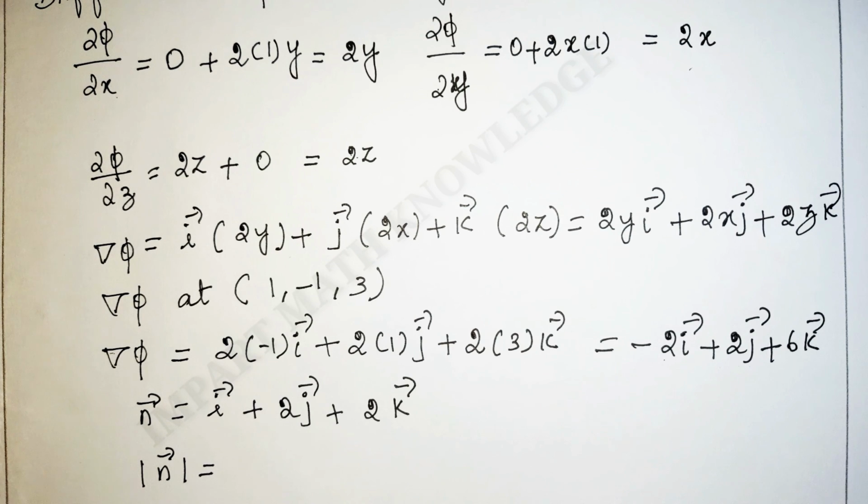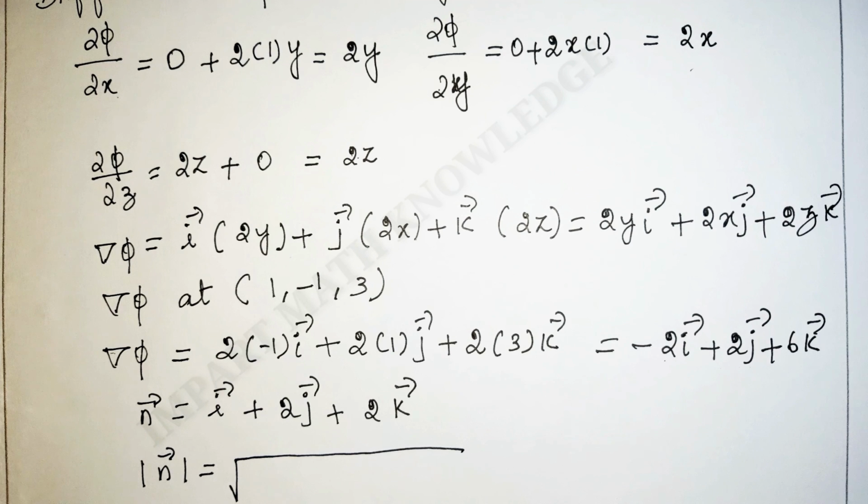Modulus of n vector is nothing but square root of sum of squares of coefficient of i, j, k. Here for i the coefficient is 1, for j the coefficient is 2, for k the coefficient is 2. We have to take the square of each term. So modulus of n vector is root 9, so this is equal to 3.